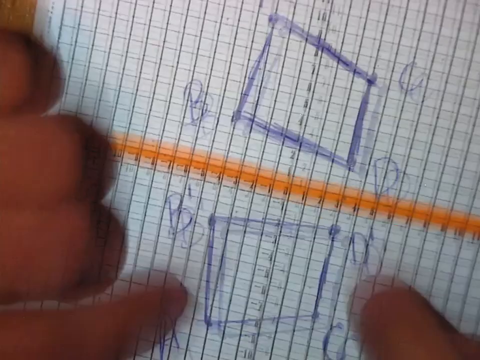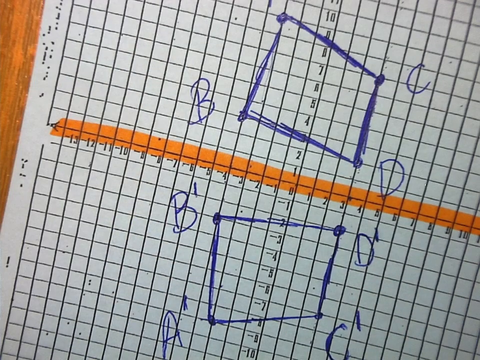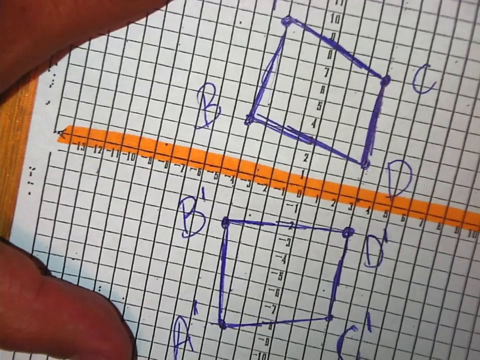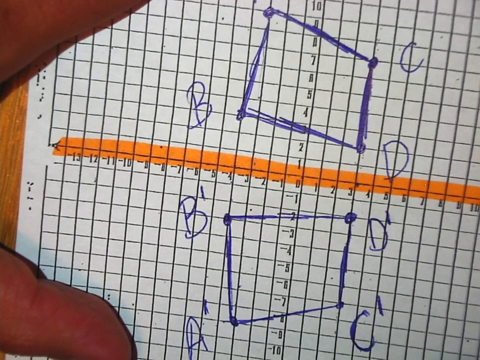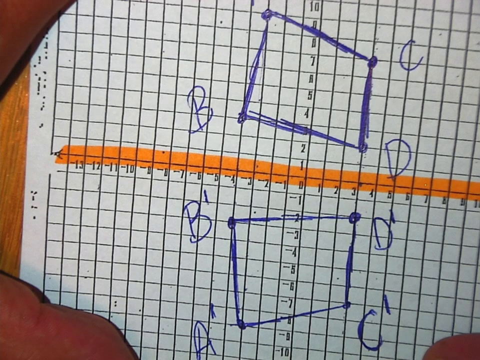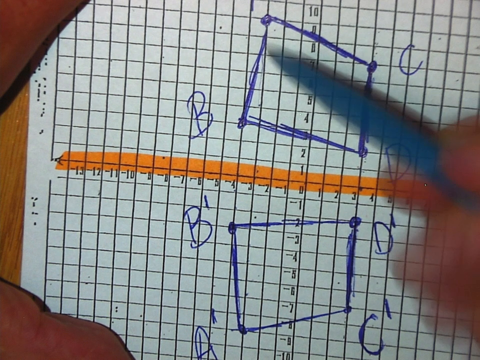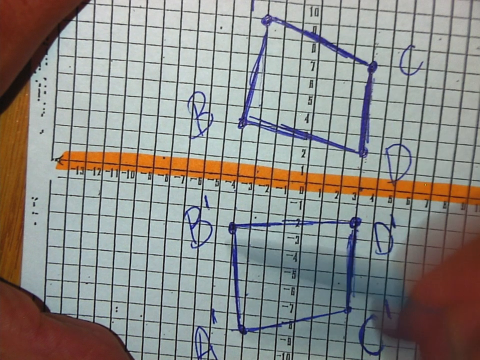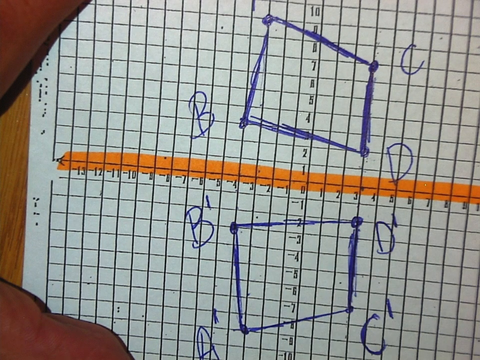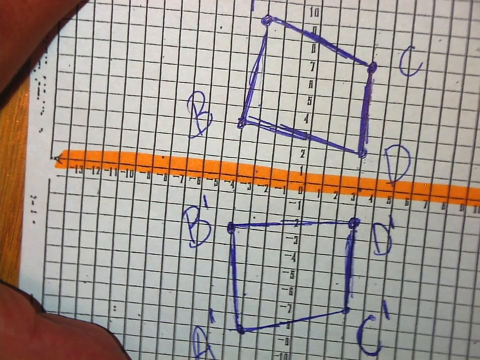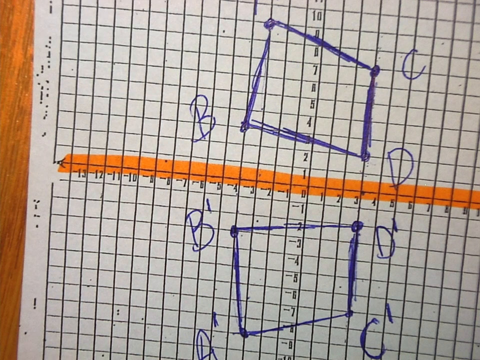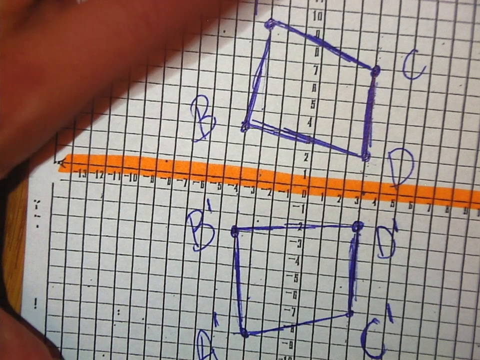So now all we have to do is give me the points. What are the points? D is 3, comma, negative 2.